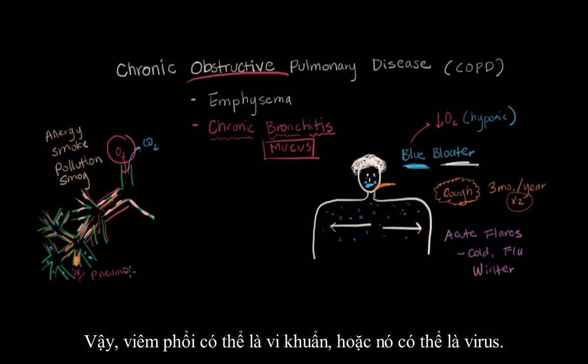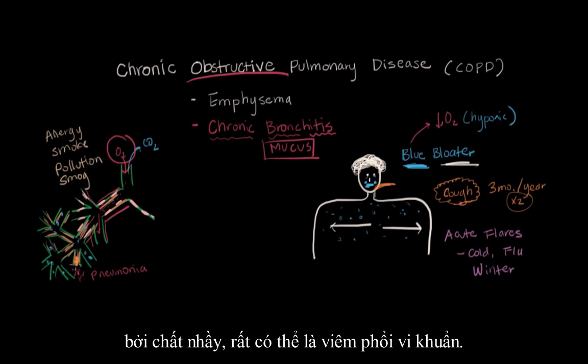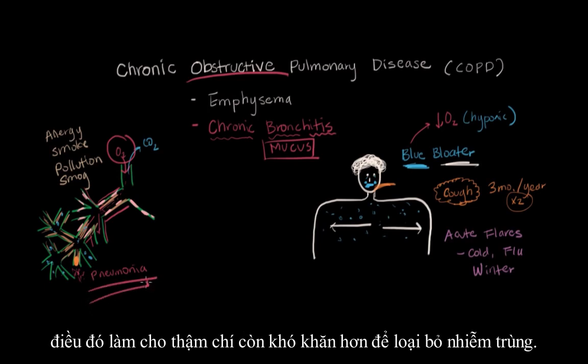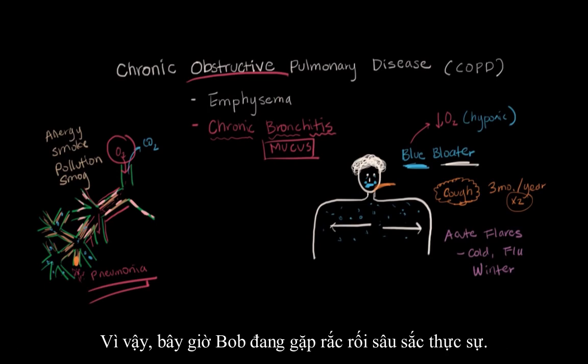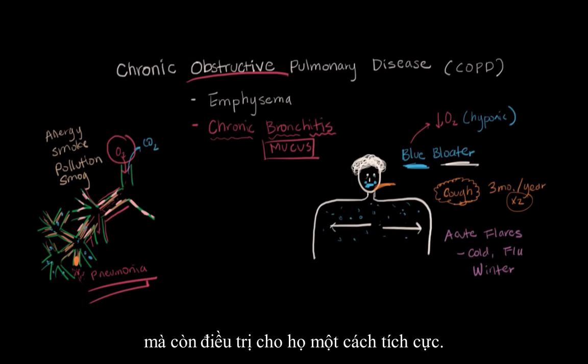So pneumonia can be bacteria or it can be viral. But in this case, if it's a blockage of the mucus, it's very likely to be bacterial. And once you have infection on top of obstruction, it makes it even harder to clear the infection. So now Bob is in real deep trouble. So part of the treatment is to not only prevent acute flares, but to treat them aggressively.